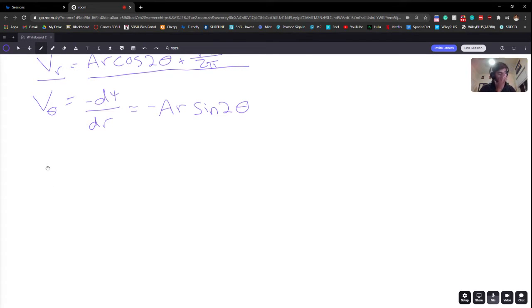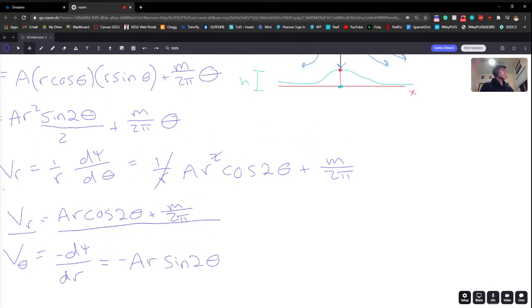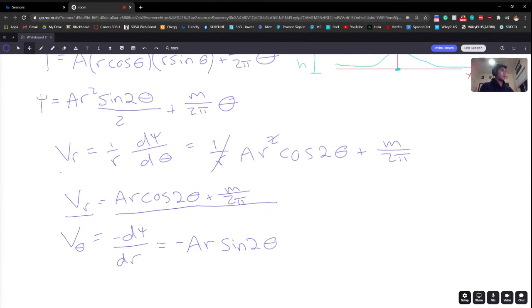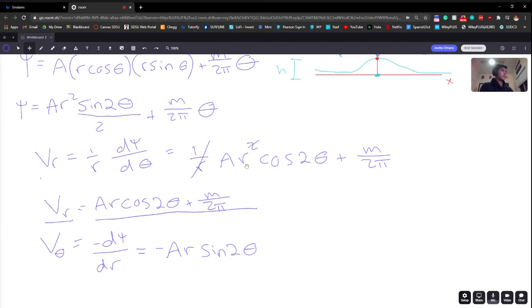At the stagnation point, theta is equal to pi over 2 because it's going straight up. R is equal to h, the height, and v sub r is 0, and v sub theta is also 0 because it's a stagnation point.